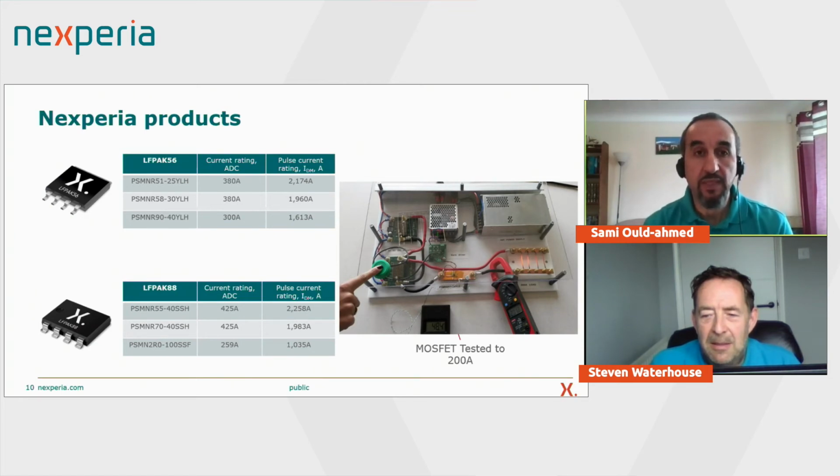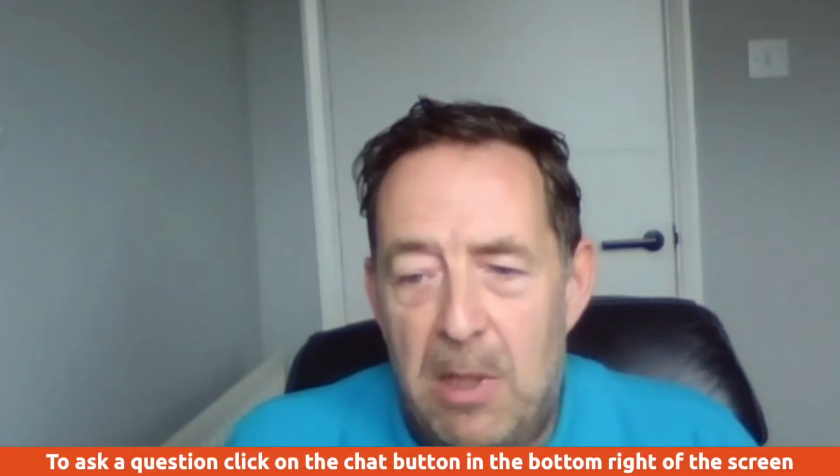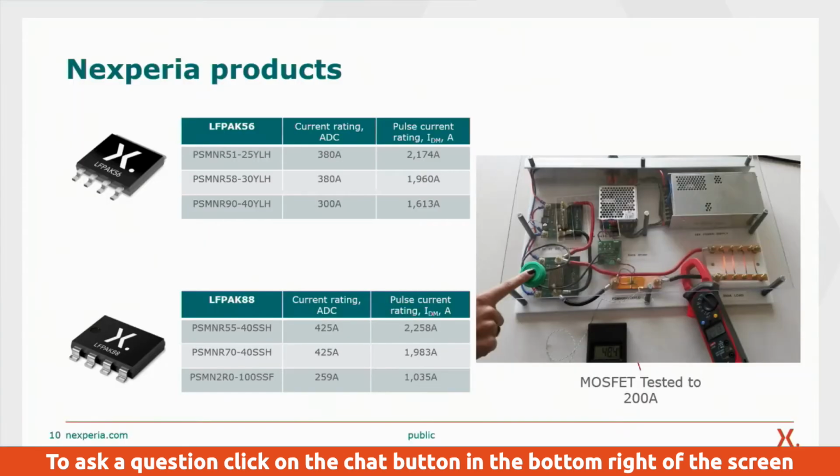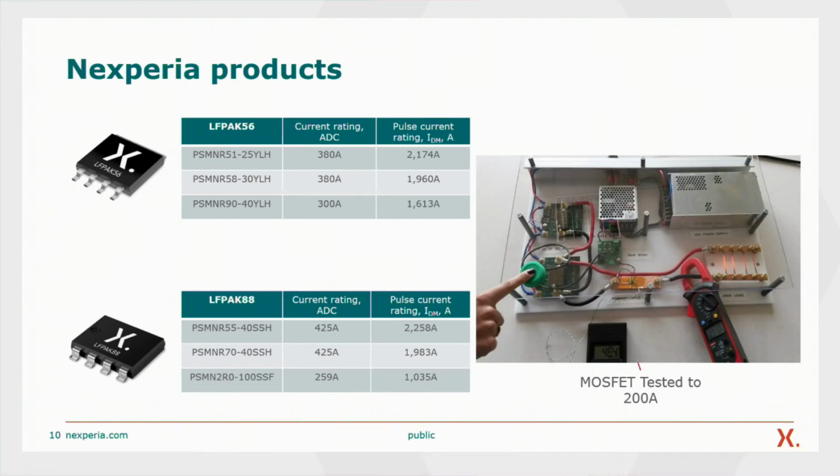Can I just add to that? Sammy mentions keeping the mounting base at 25 degrees C. If we look at the image of the demonstrator gear in front of us, you can see we have some cables, the red and black cables that we use as part of that circuit, so that we get the current flowing via the MOSFET to those load wires. If we were to put a thermal camera onto that, we would find that the wiring in that circuit is hotter than the MOSFET.